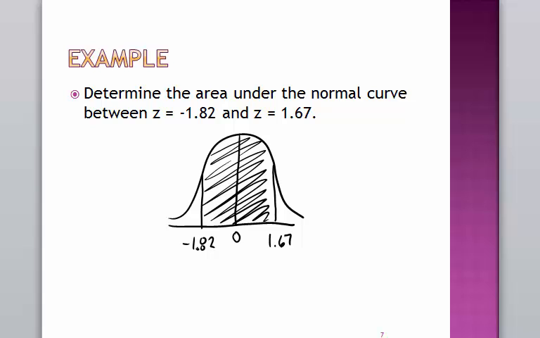So let's go to our table. We're going to need to use both tables because we have a negative and a positive. So let's go to the negative table first and look up negative 1.82.